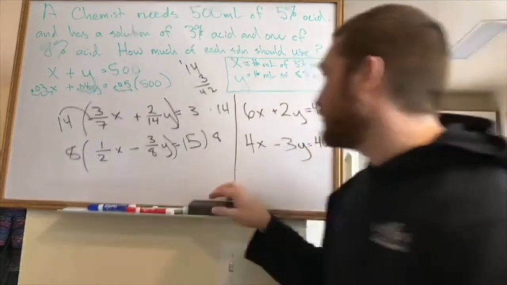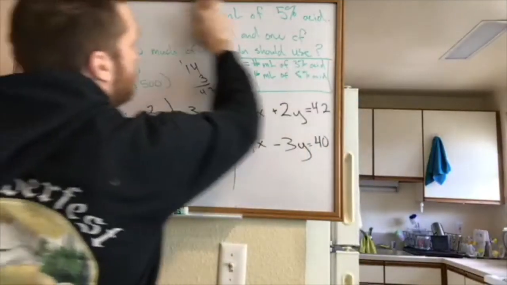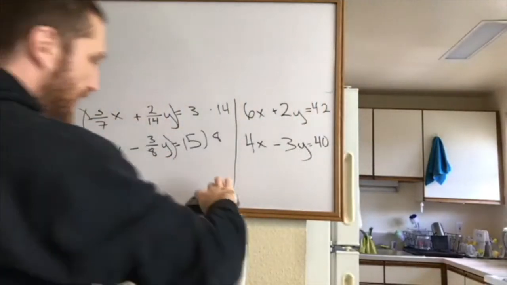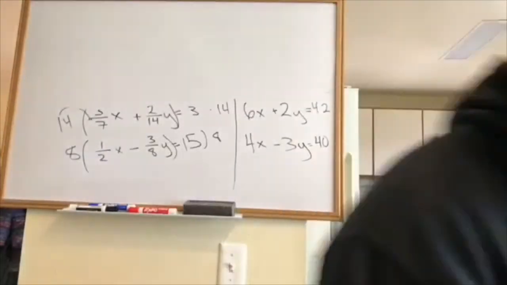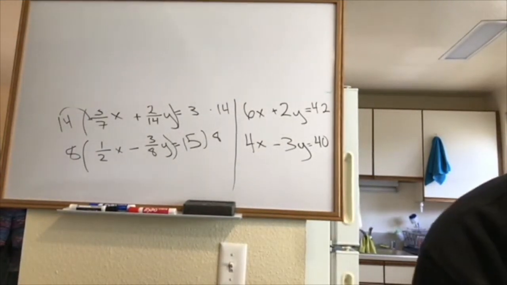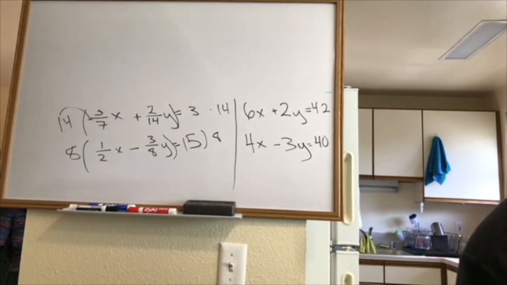Now, let me give you your homework. Let me write this up. This isn't too bad. The hard part is just translating this out of math speak and getting it into a system.